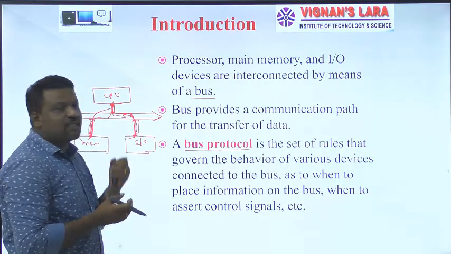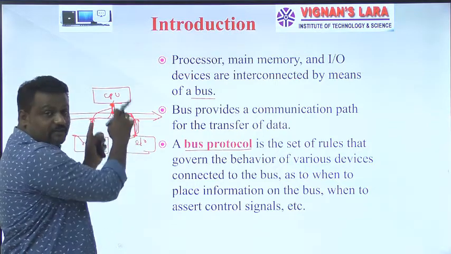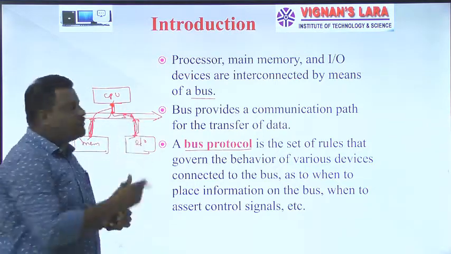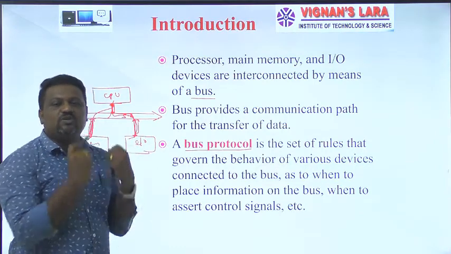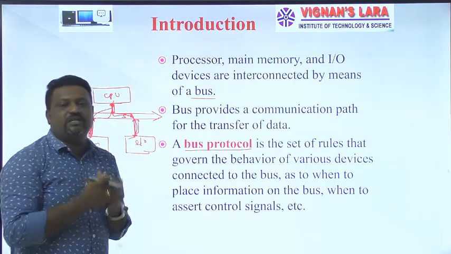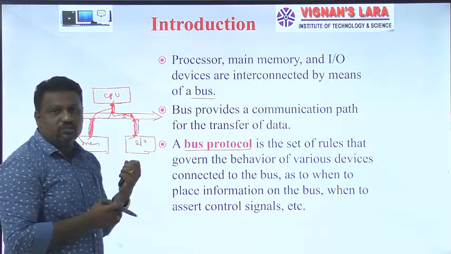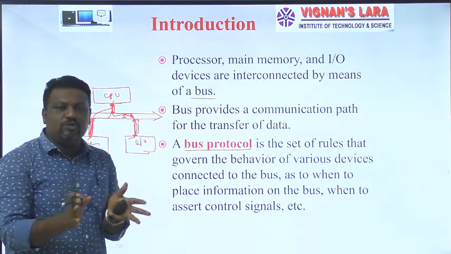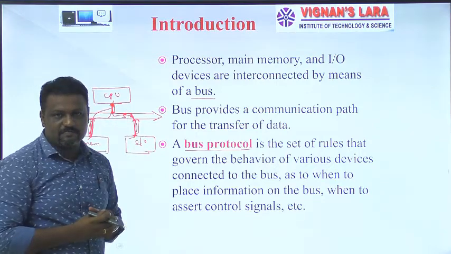What is the use of those set of rules? Based on those rules, these devices decide when they are going to place their information on this particular bus, and at what instant they are going to generate or activate the control signals. So these are the set of rules which are helpful to us to transfer the information between these devices.